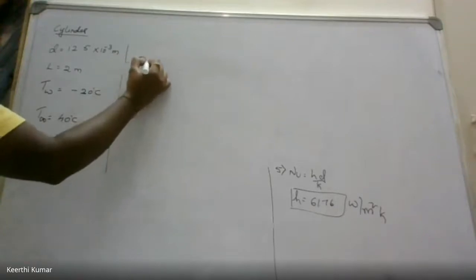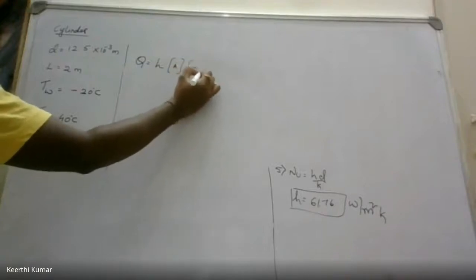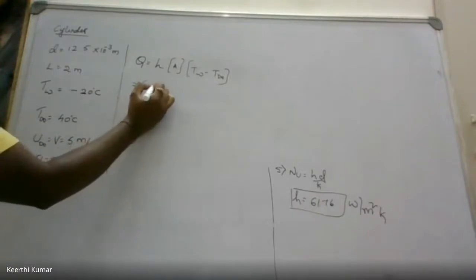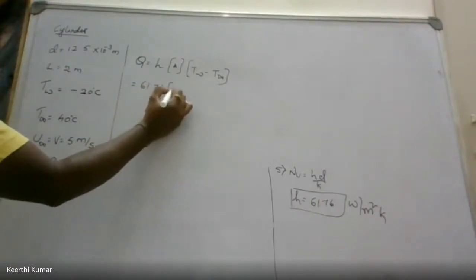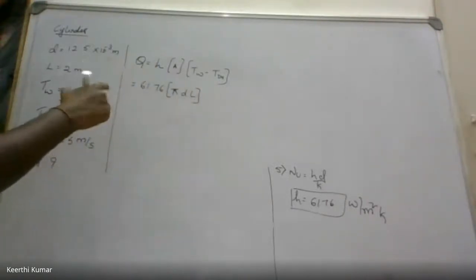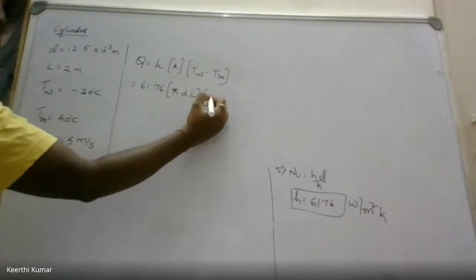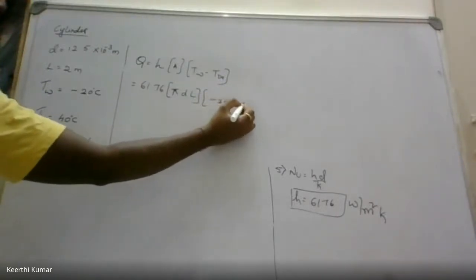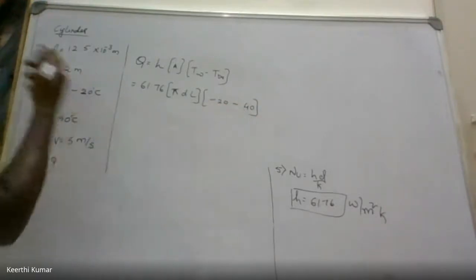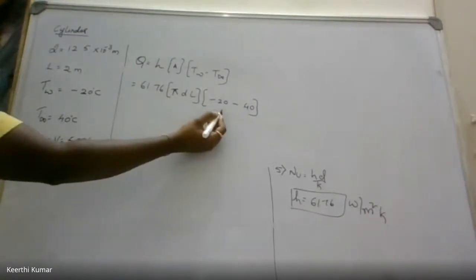Q for this value of h: Q is equal to hA into T wall minus T infinity. The h value is 61.76. Area is pi dL, this is the area for the cylinder. For a sphere, 4 pi r square. For a plate, W into B, width into breadth. T wall, what is T wall here? Minus 20 minus 40. This one, minus 20 is important in this case.